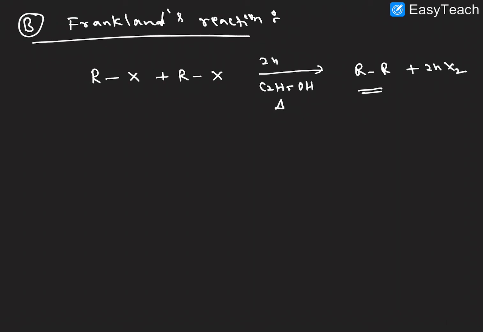So what is the difference between the Wurtz reaction and the Frankland reaction? Here they are using sodium in ether, here using zinc plus ethyl alcohol. What is the main difference there and here? We will see that. Note that the reaction is given by primary, secondary and tertiary alkyl halides, and this is the first point.